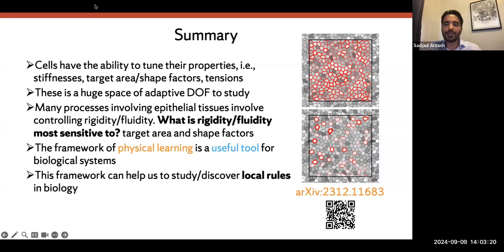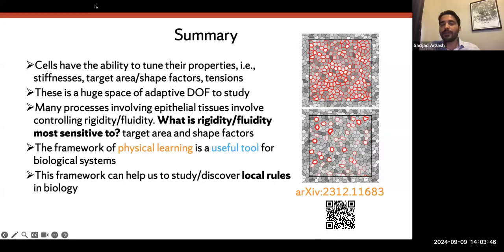In this specific process, you can't actually tune it on the fluid side of the transition, because then you don't have those edge tensions to play with. So you need to tune these edge tensions where the system actually has the freedom to go between these different types of edge tensions.